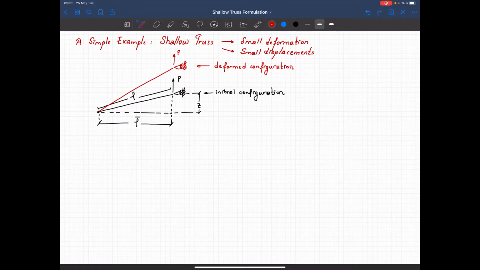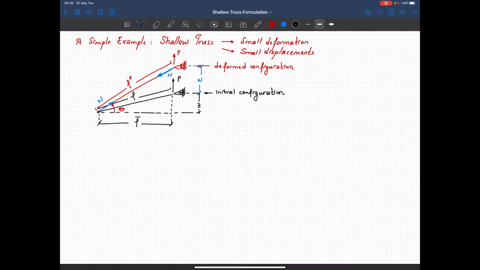So the length of that member is now equal to L prime. That's the rotation, theta. And I will see a normal force on this truss member. Okay? And let's say that the deformation that we observe in this truss is equal to W.